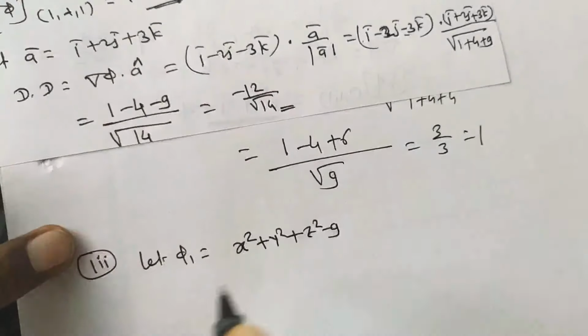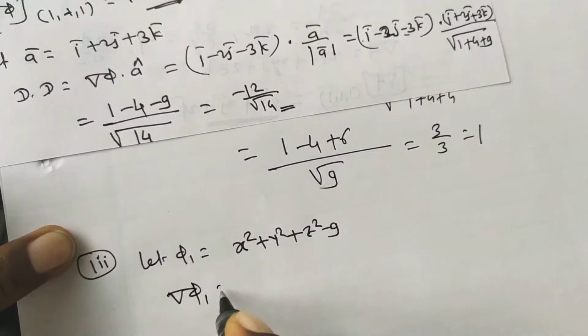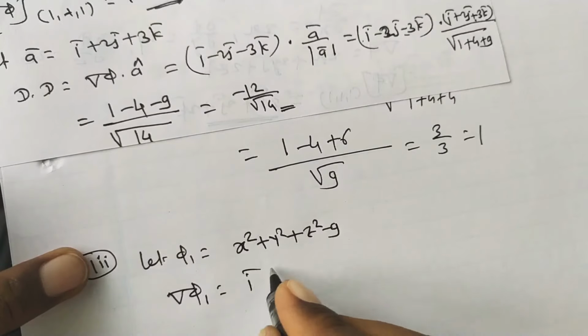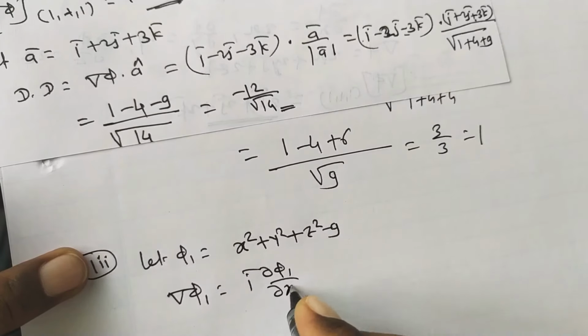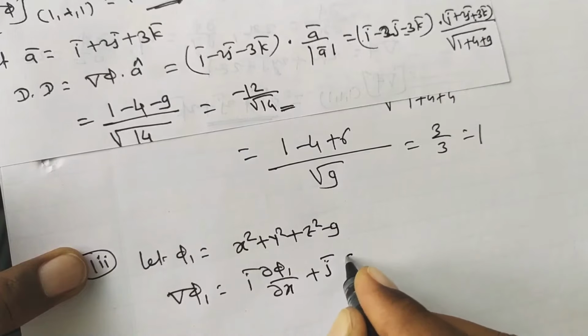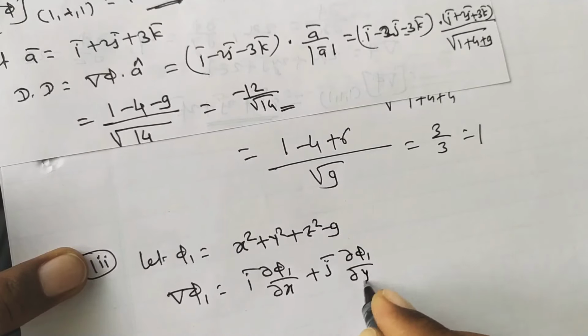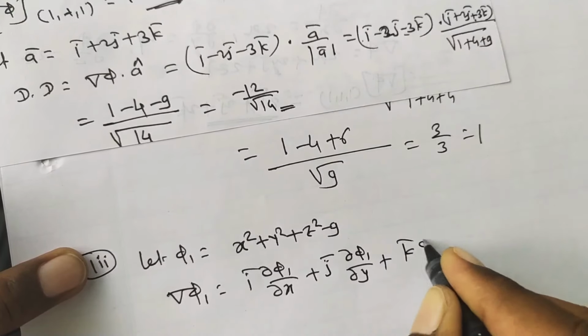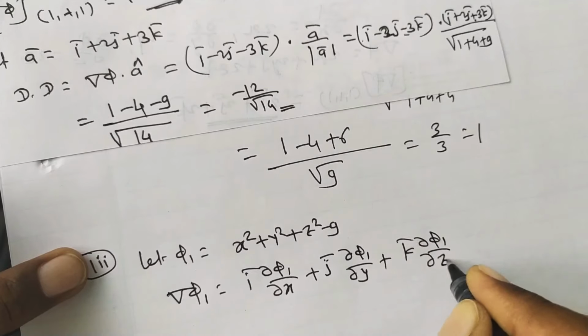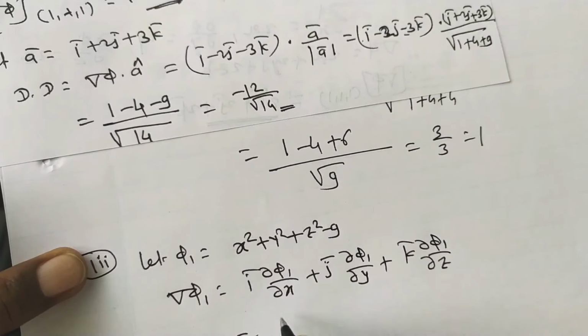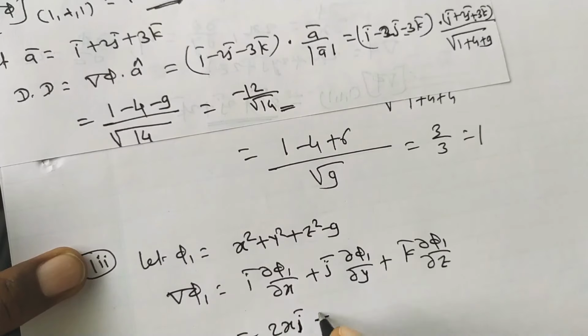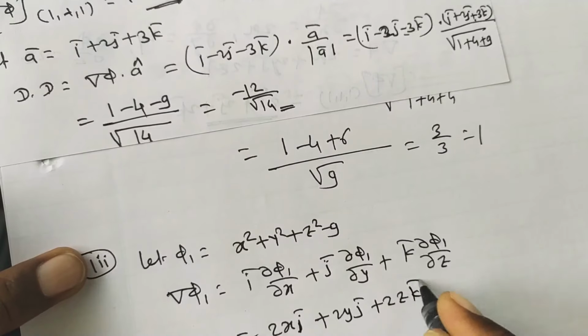Using this we have to find del phi 1, but del phi 1 is i bar del phi 1 by del x plus j bar del phi 1 by del y plus k bar del phi 1 by del z. So what is del phi 1 by del x? That is 2x i bar, derivative, plus 2y j bar plus 2z k bar.